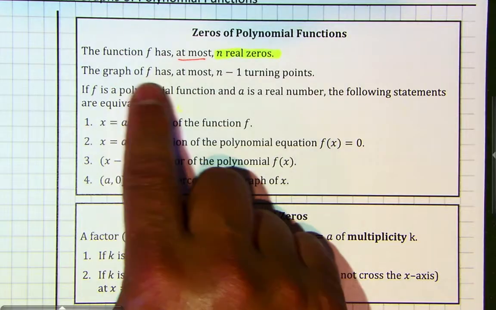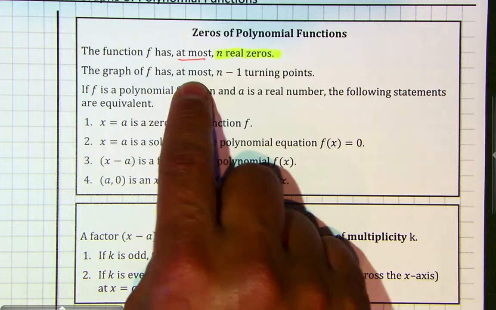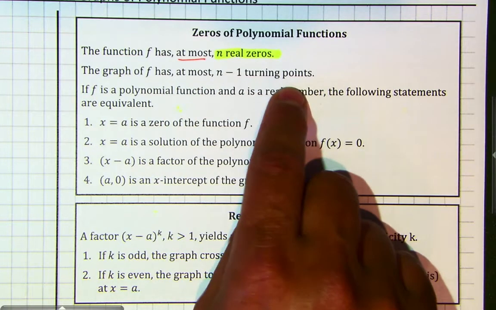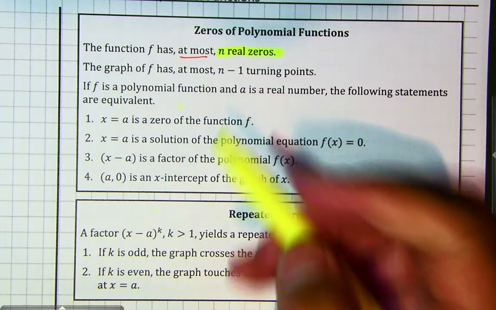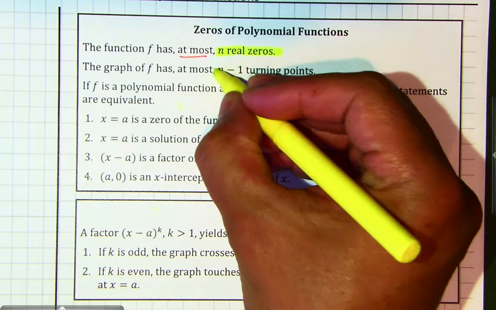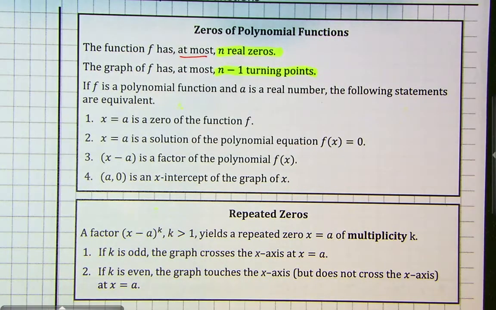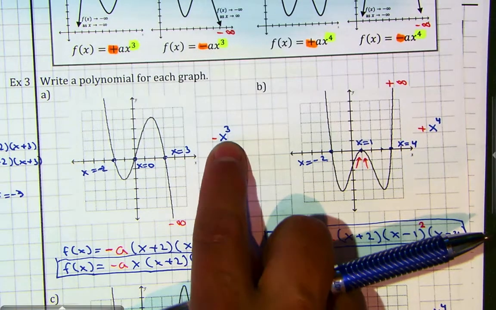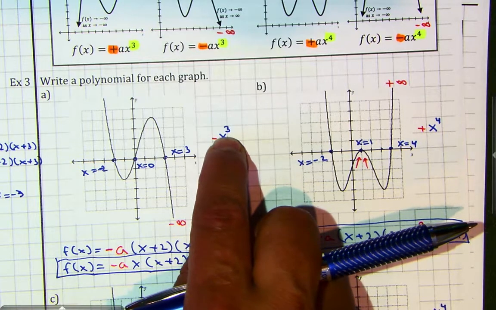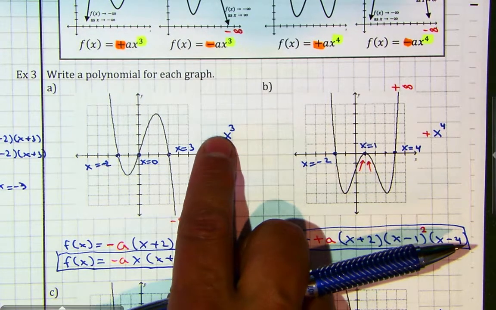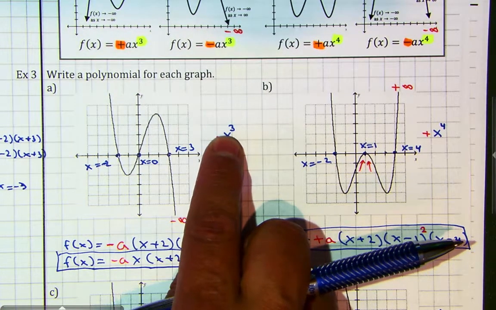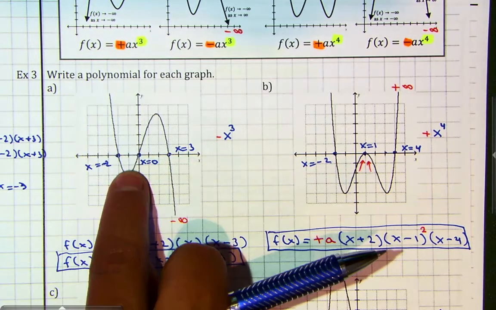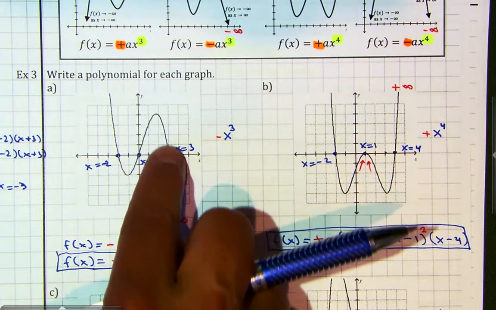The graph of f has at most n minus 1 turning points. So what are turning points, is the question. It's how many times, if you're driving through it, how many times are you turning? So for example, if the degree of the polynomial is 3, then according to this, 3 minus 1 will be 2 turns. 1 turn, 2 turns.